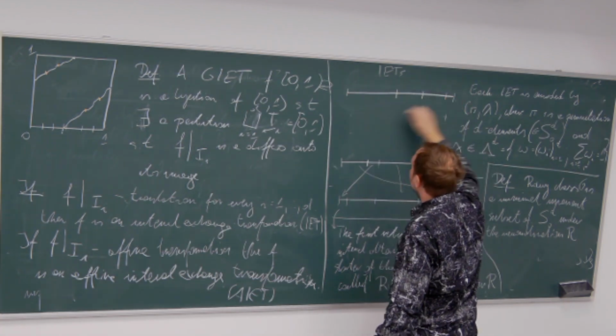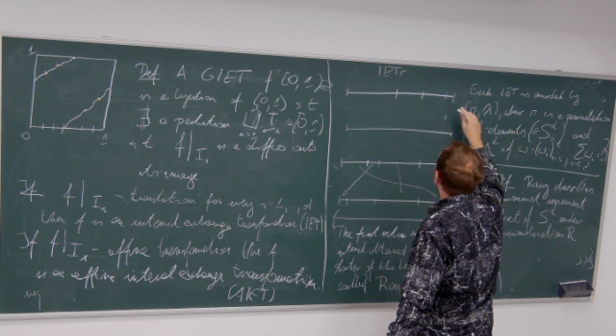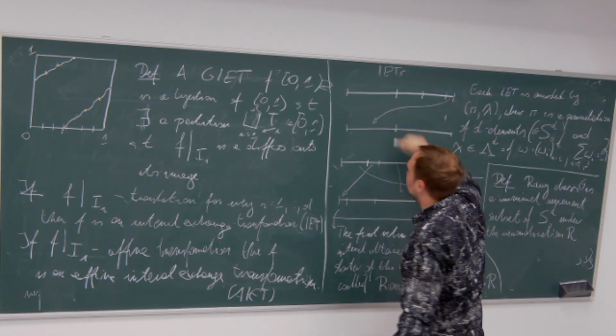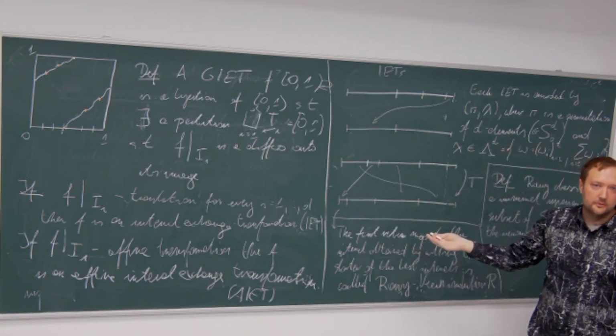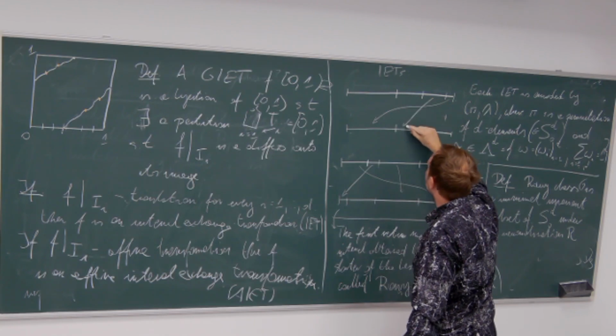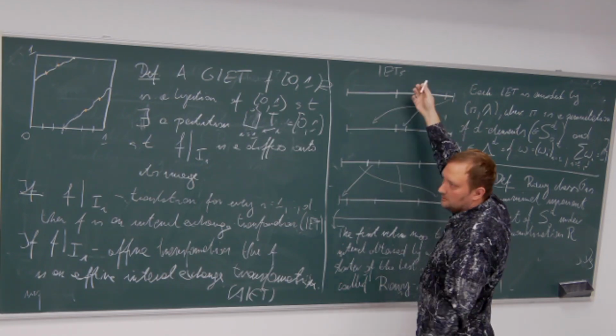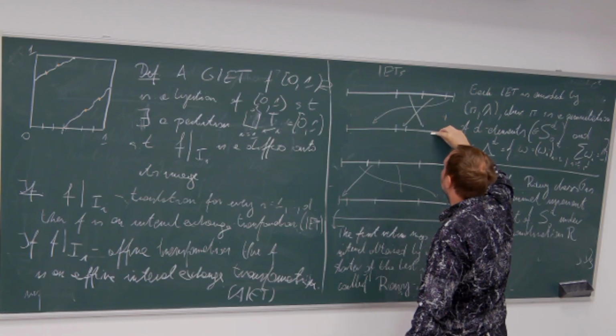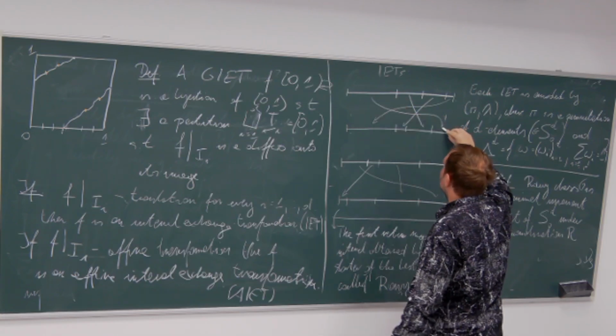So we have this interval, but it now will become longer because I am expanding on this interval. Now this interval will become shorter because here I contract it. Here I will get more or less the same, and here I get contraction again.